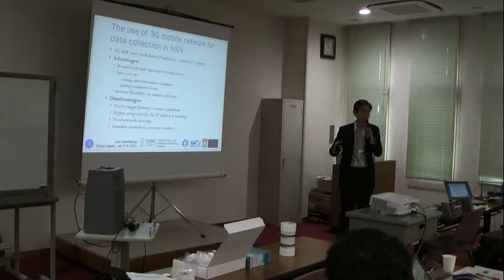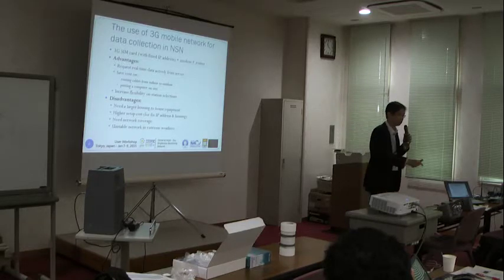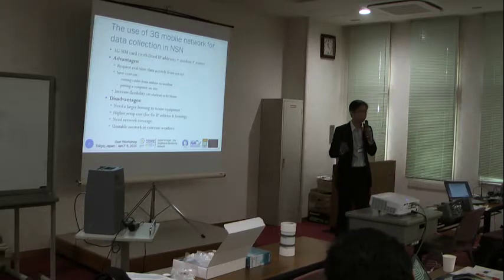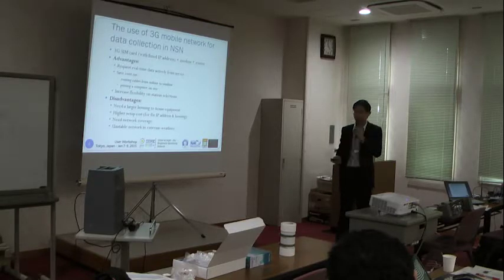So we are not required to set up a fixed broadband internet connection for this device, because most of our stations are not located on our campus. So we have to ask someone for permission to install the station and provide the power to us. But you can use a 3G mobile network for data connection. This increases our flexibility on station selection.